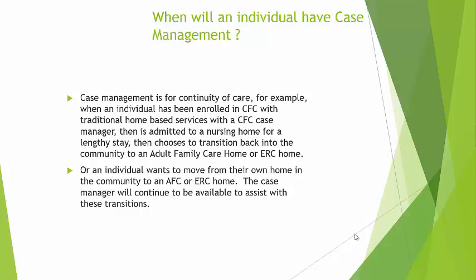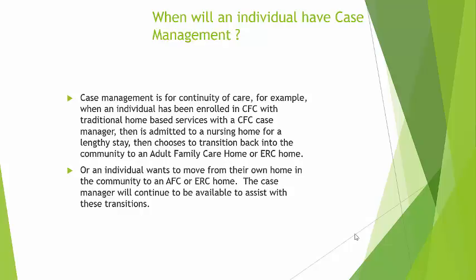Just as we were talking about, if an individual currently is enrolled in Choices for Care and is receiving services in the community and has a case manager, we want that case manager to be able to continue to work with the individual through the transition for that continuity of care.